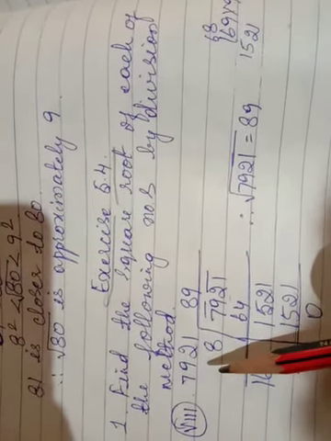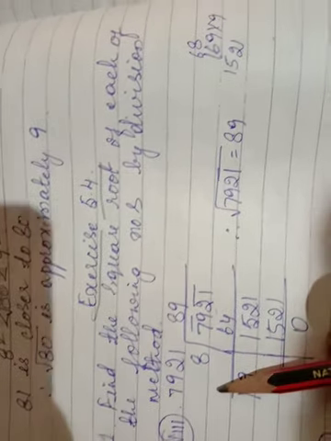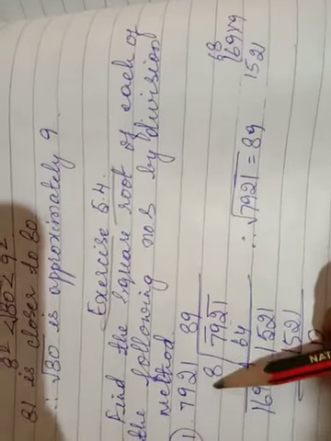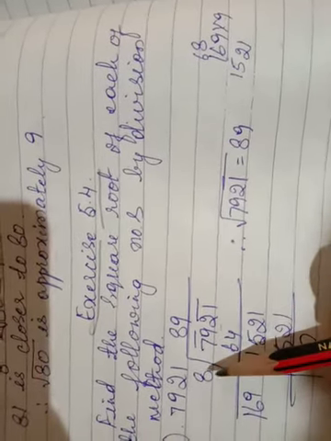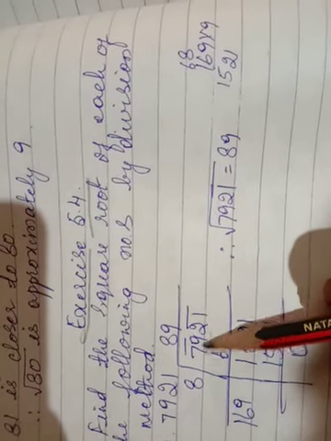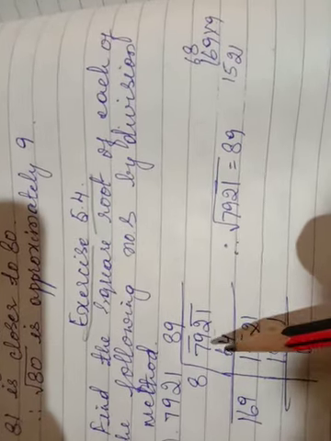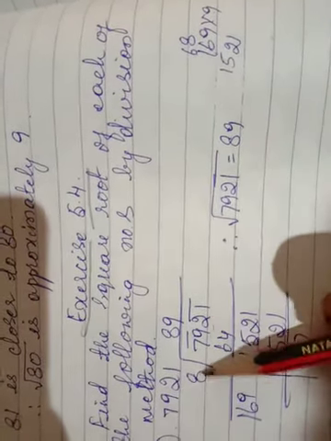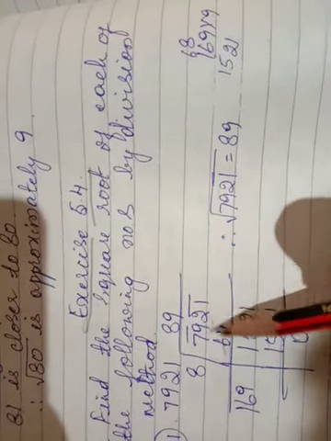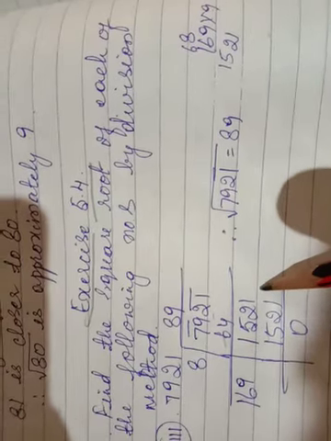I am doing some of the problems, and the remaining problems you try to do yourself. Okay children, 7921, we have to group the digits like this. 79, the nearest square number is 64. How did we get 64? 8 eights are 64. Subtract: 9 minus 4 is 5, 7 minus 6 is 1. So we get 1521.